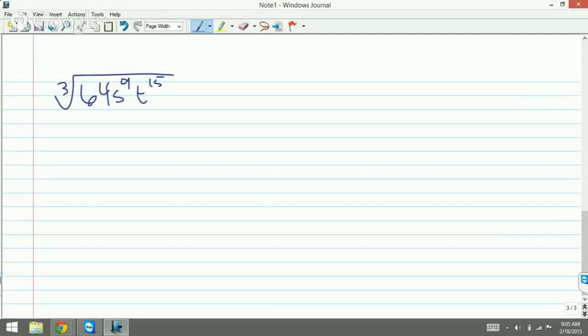So. All right. So this is a radical. Express it as rational exponents. The cube root of 64 S9 T15. Basically, yes. So you can write it out long if you want. You don't have to. Okay.